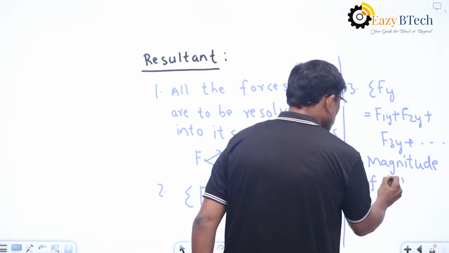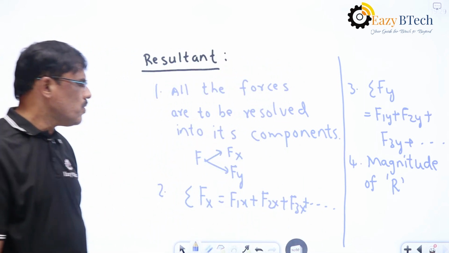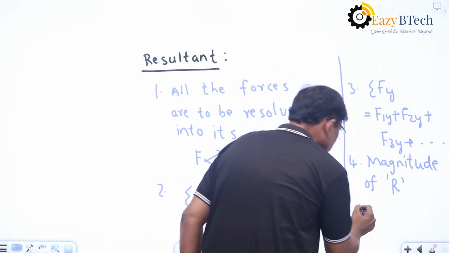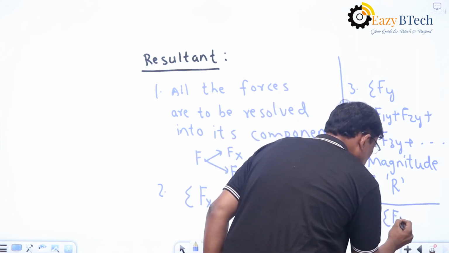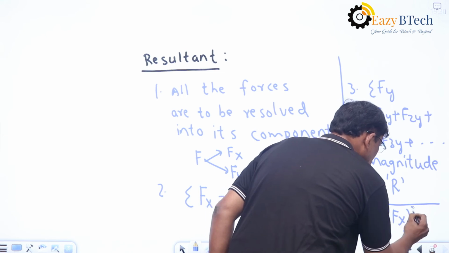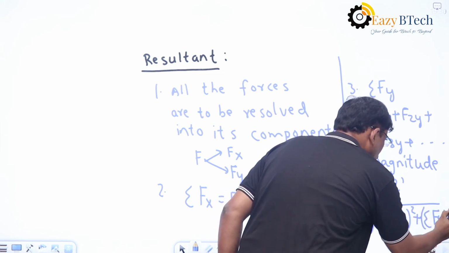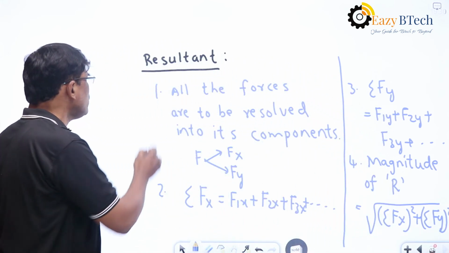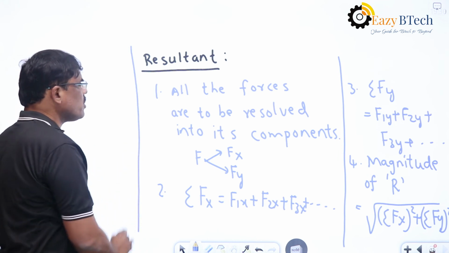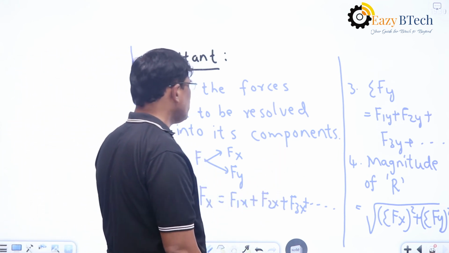The magnitude of the resultant is given by R is equal to root over sigma Fx whole square plus sigma Fy whole square. In this way we can find the magnitude of the resultant.